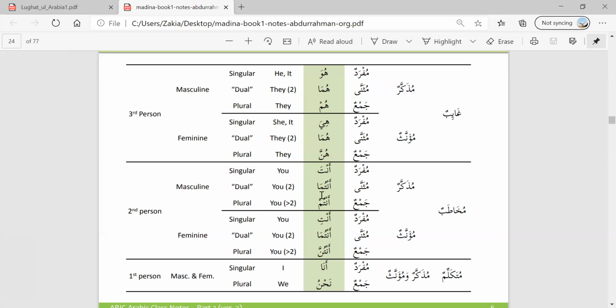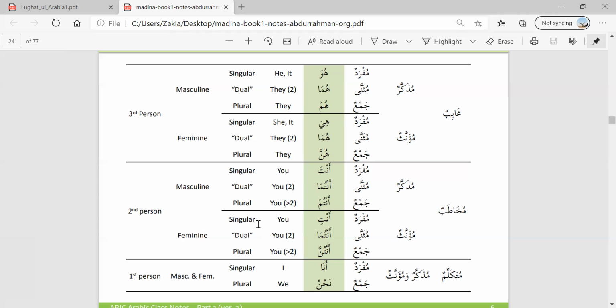So here we've done those that are third person, not present. We've done the masculine table and the feminine table. Now we are doing the mukhatabun, the second person, which for masculine is anta, antuma, antum: you singular, you dual, and you plural.